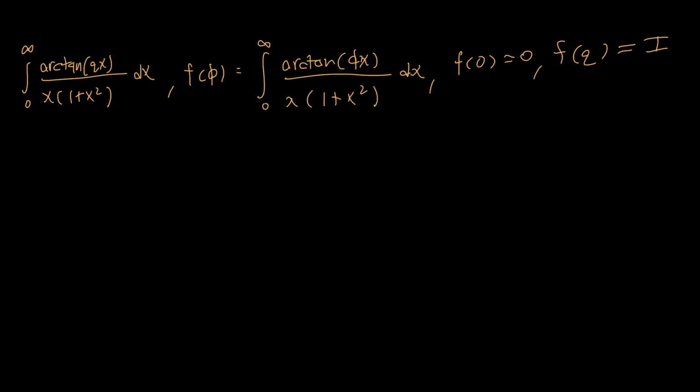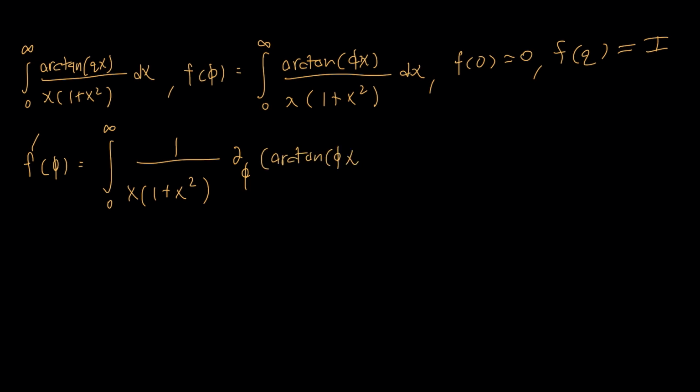So now, differentiating both sides, we have f prime of phi is the integral from 0 to infinity of 1 over x times 1 plus x squared, and then the partial derivative with respect to phi of the arctangent of phi x dx.